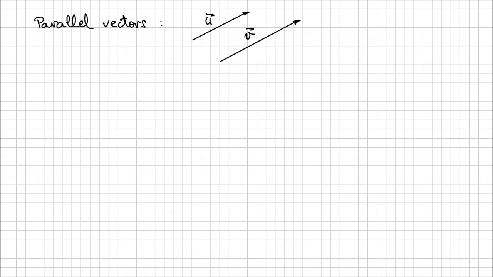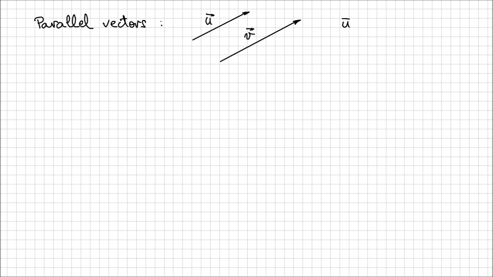By the way, the length of this line, the vector itself, is important. It's usually drawn to scale, so if you see two lines that are not equal in size, then that should be very clear for you that the magnitude of these two vectors is different. Parallel vectors only have to have the same direction regardless of the magnitude.